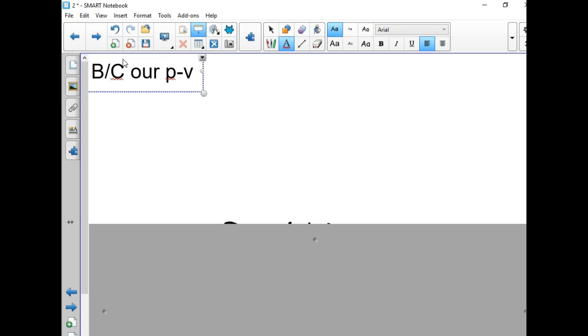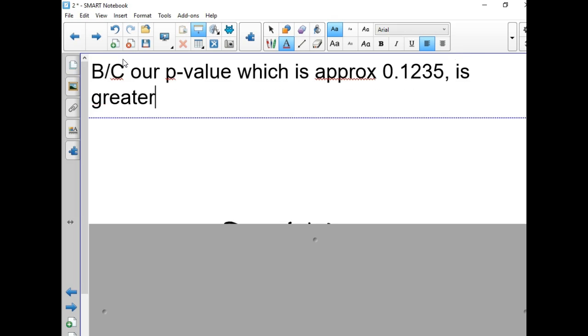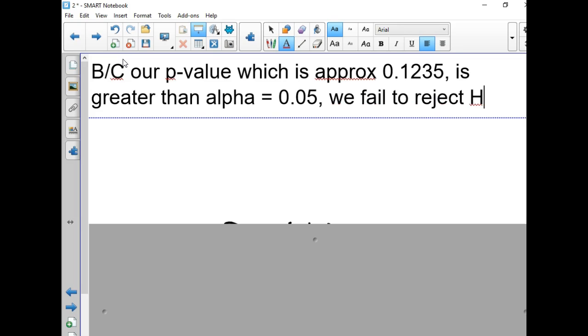Because our p-value, which is approximately 0.1235, is greater than alpha equal to 0.05, we fail to reject H naught.